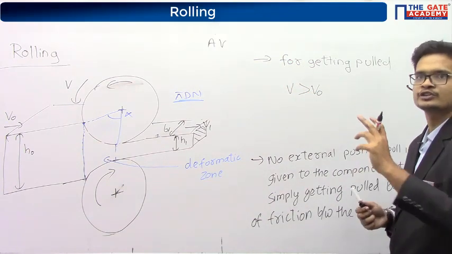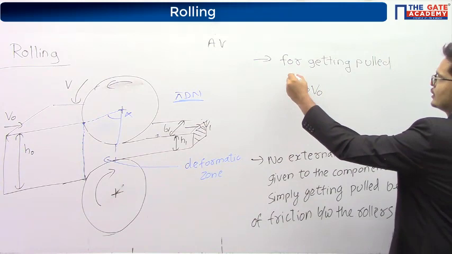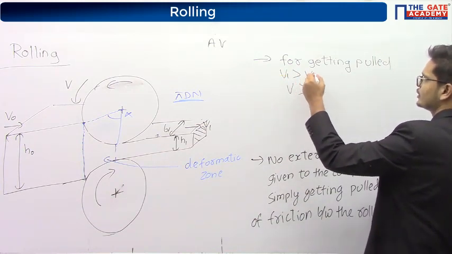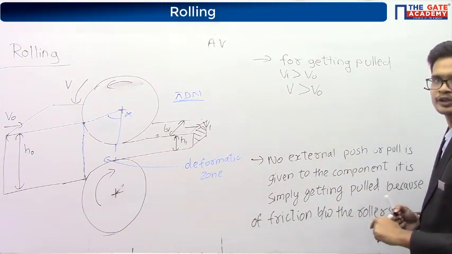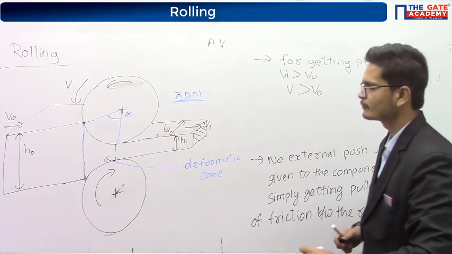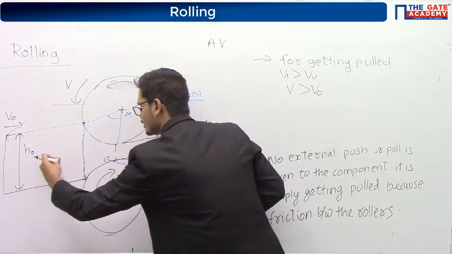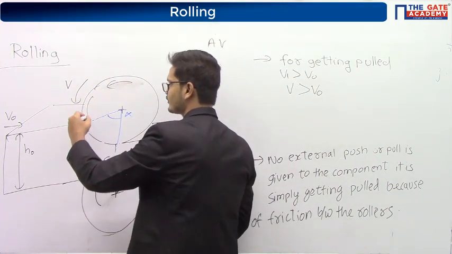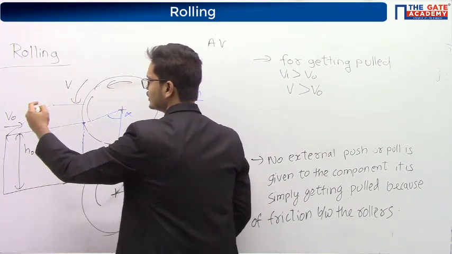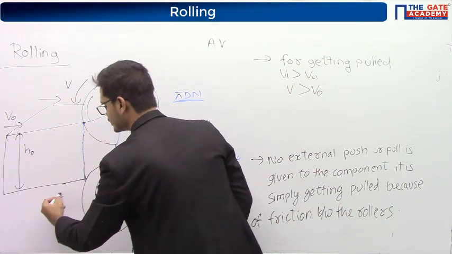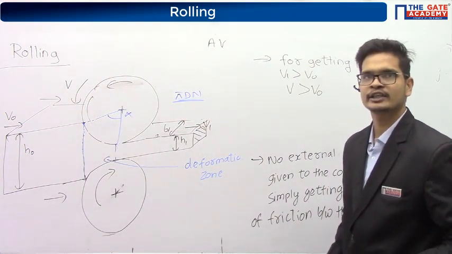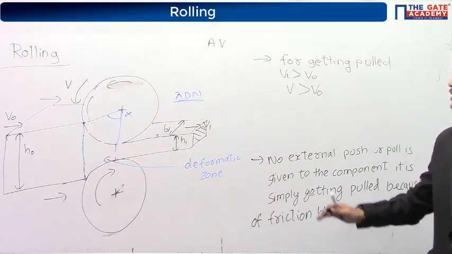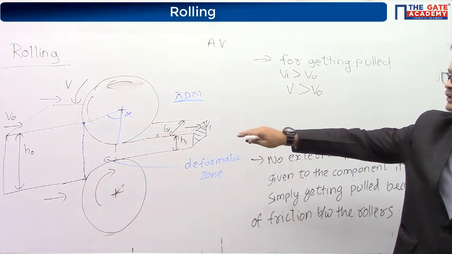So about velocities, two things we have understood: v1 is greater than v naught, and v is greater than v naught. Now the component is coming with velocity v naught, and the roller is having velocity v. Both the velocities are directed in the same direction. So what will happen to the final velocity?